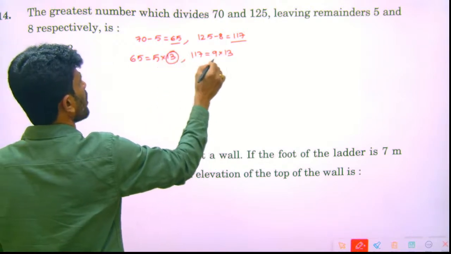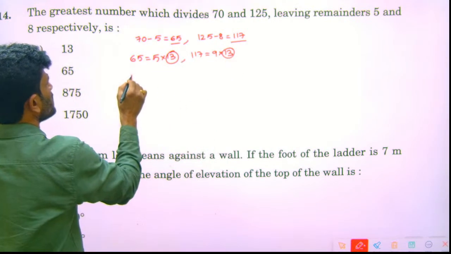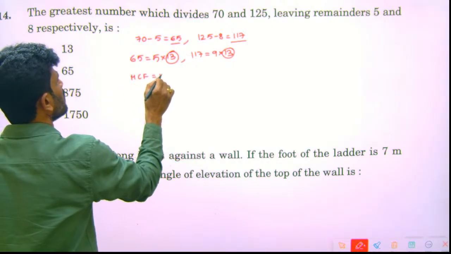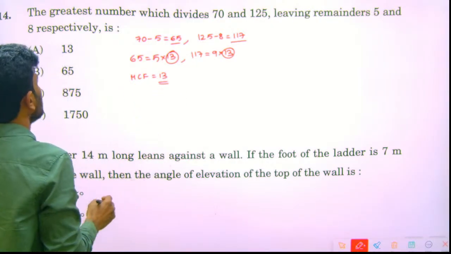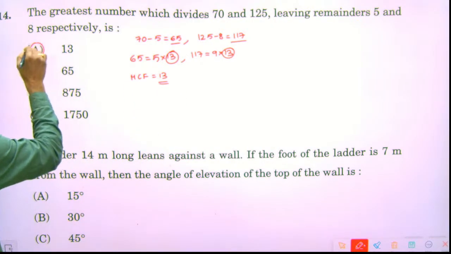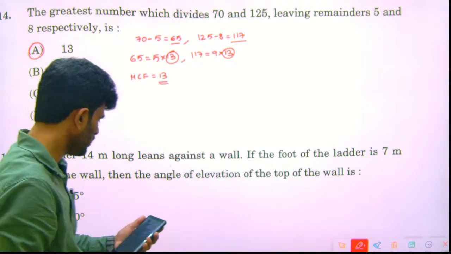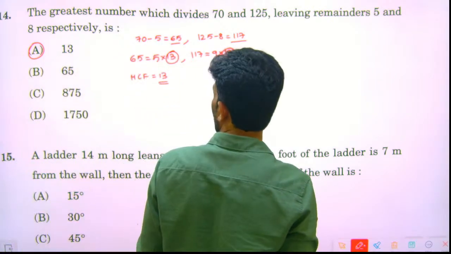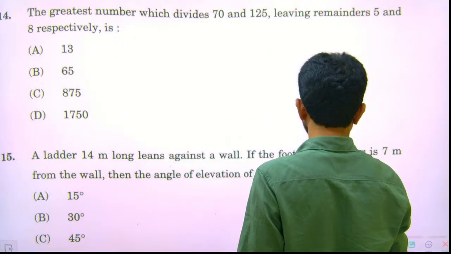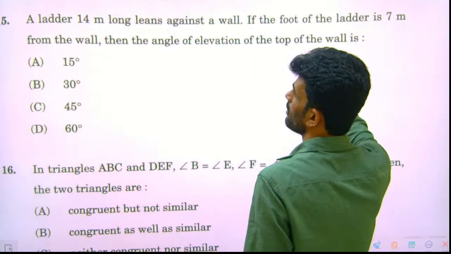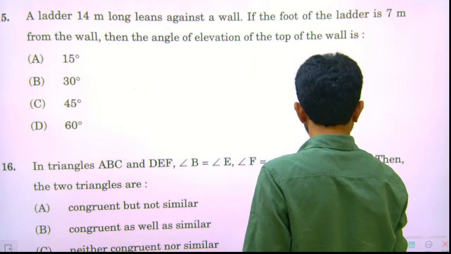So what is the common factor here? 13. So the HCF of these two is what? 13. 13 is the correct option. Question number 14, the answer is 13. Now question number 15. Let's see question number 15.